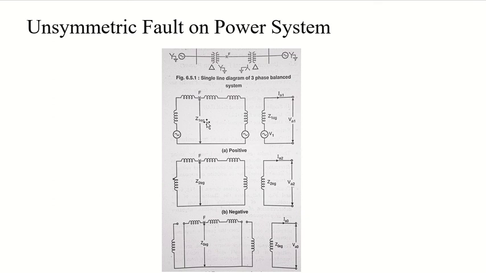For my negative sequence component it will be Z2 EG, with the fault point occurring here, and you can find the similar thing for the zero sequence component. For zero we have Z0 EG.